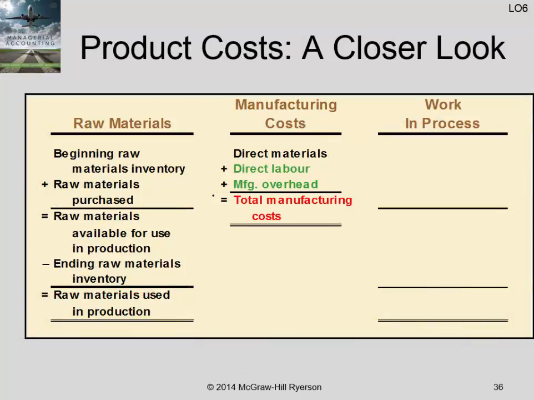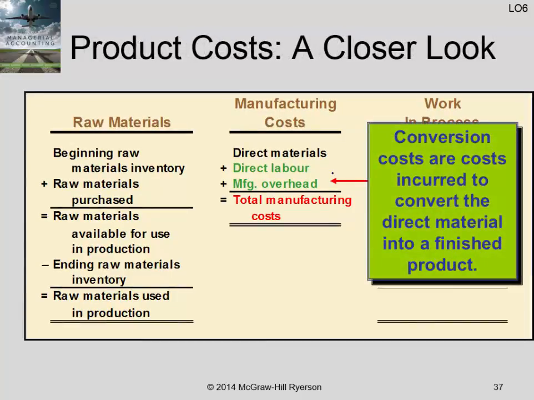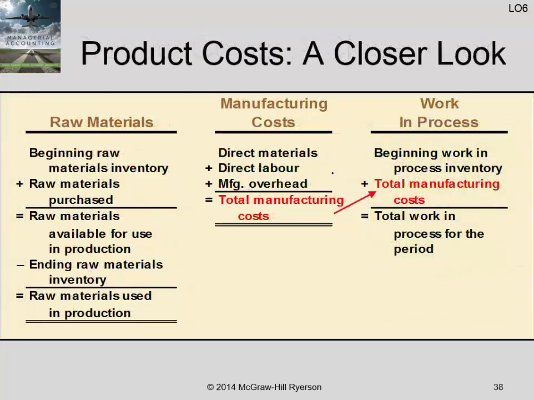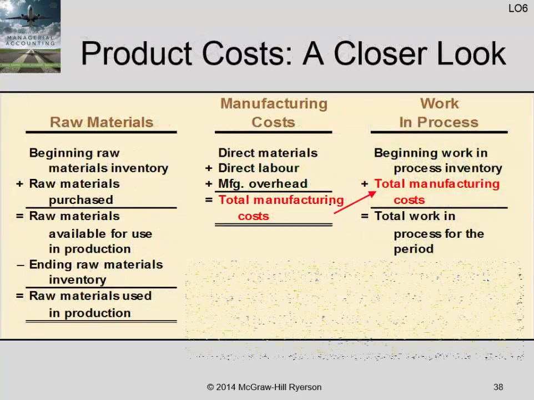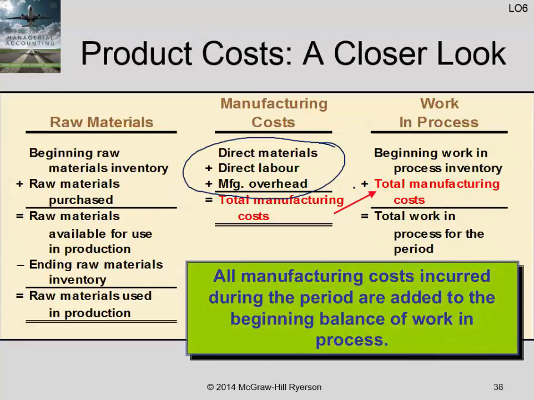And so when you've got direct materials, direct labor is added into the work in process, and the manufacturing overhead. Essentially these things in green here are the conversion costs, and all of these basically are what is added to work in process in terms of the manufacturing costs added in the period.